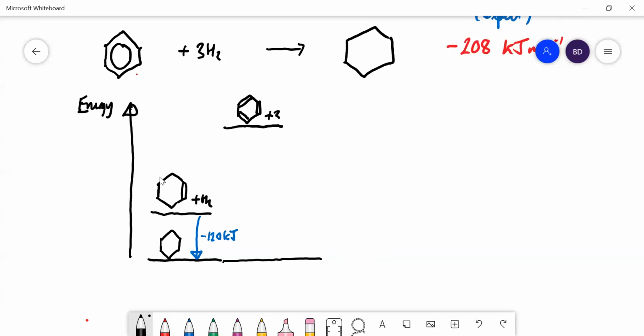So we would expect if we reacted that with the hydrogen, okay, you would get 360 kilojoules per mole out. But we know if you do the experiment, you don't get quite as much as that out. So I'm going to draw the real structure of the delocalized benzene. This is what you actually really do get. You only get 208.